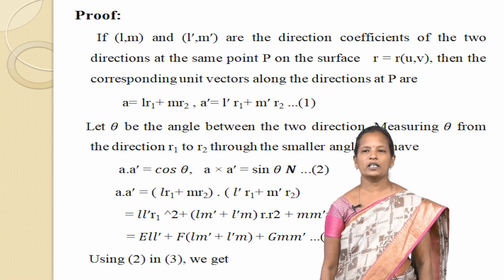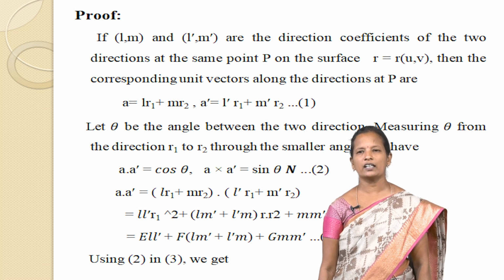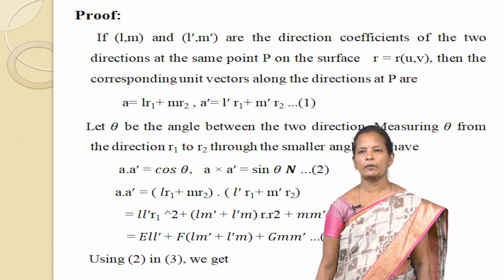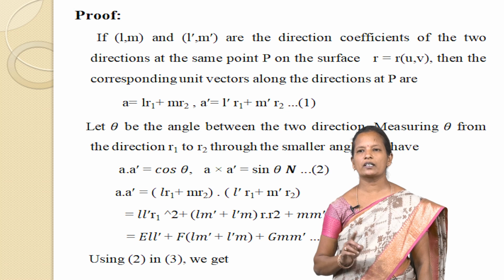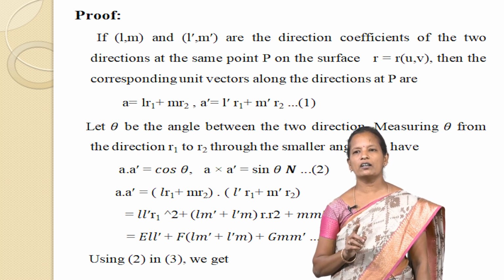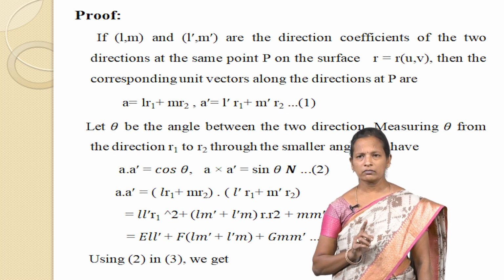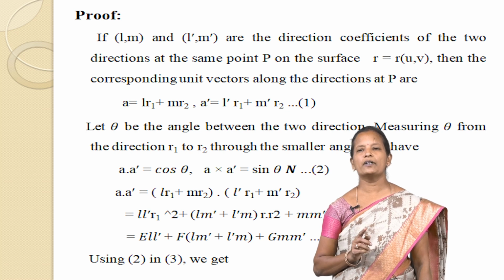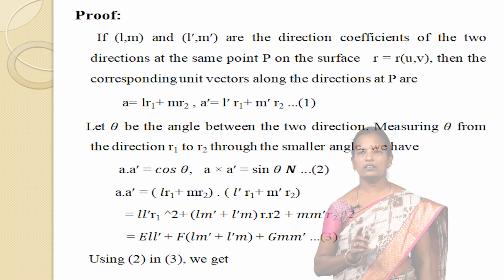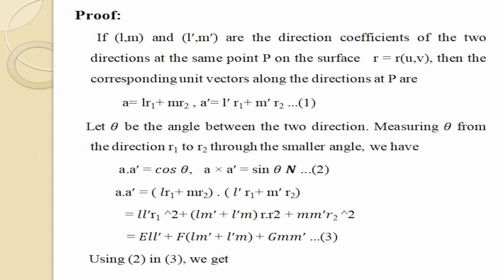Now we take the dot product A dot A dash. A vector is L R1 plus M R2 and A dash is L dash R1 plus M dash R2. Taking the dot product of these two: L L dash R1 dot R1, and R1 dot R1 is R1 squared, plus L M dash R1 R2 and L dash M R1 R2.